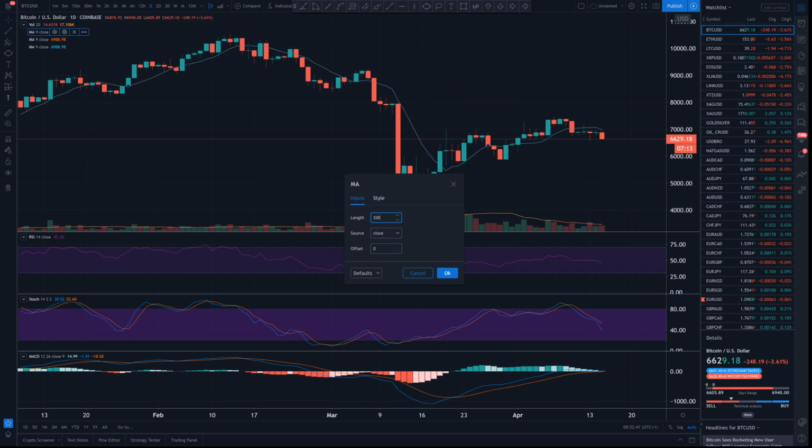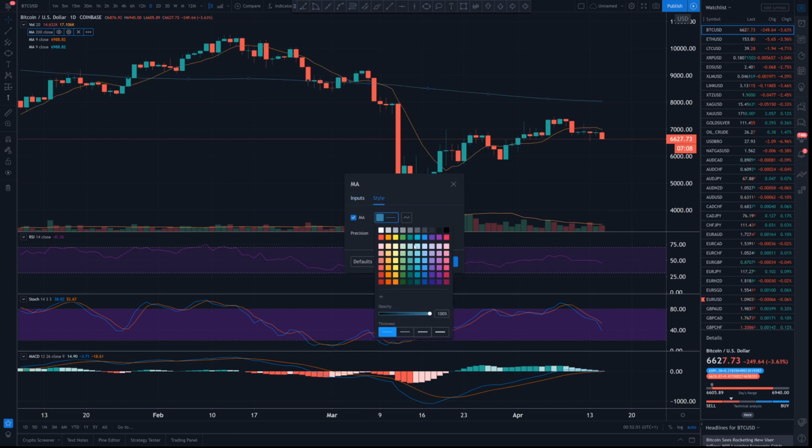I will leave the rest as defaults and then select my color. The color doesn't really matter. You can pick anything that you can easily reference, and then you can select your thickness and your transparency or opacity.